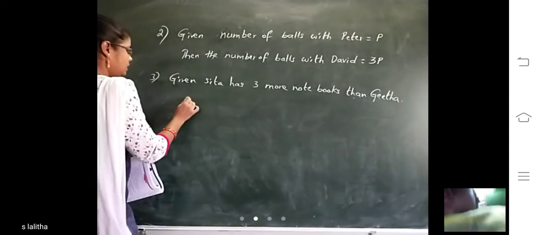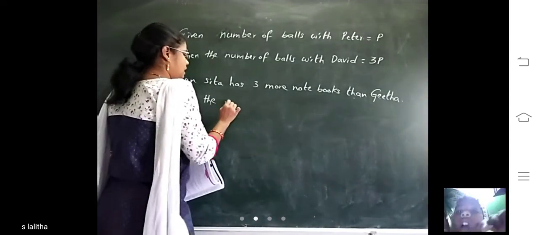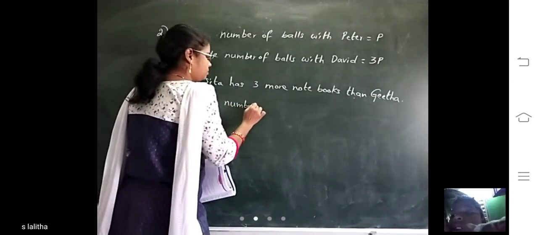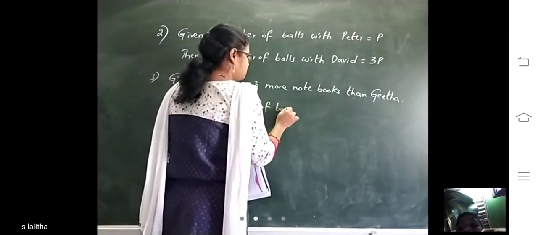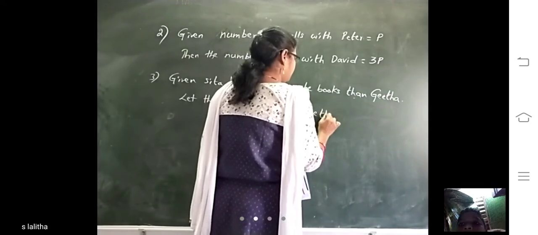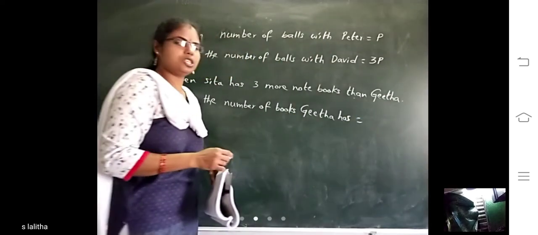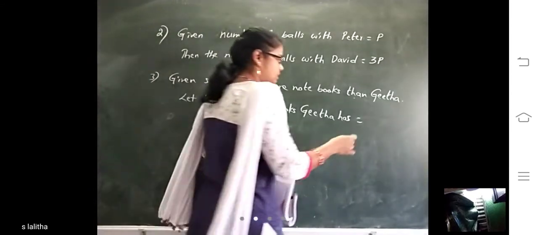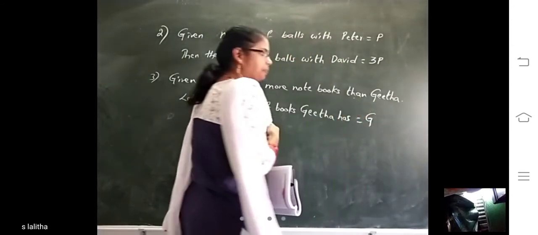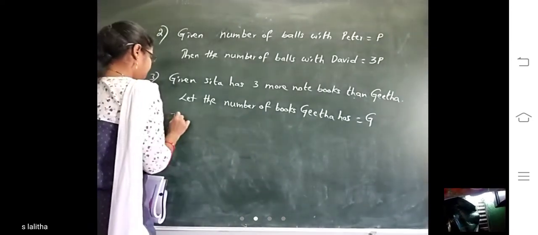So we don't know the number for Geeta. Let the number of books Geeta has be, you have to take any letter, I am taking G. Geeta, that's why I am taking G. Okay.